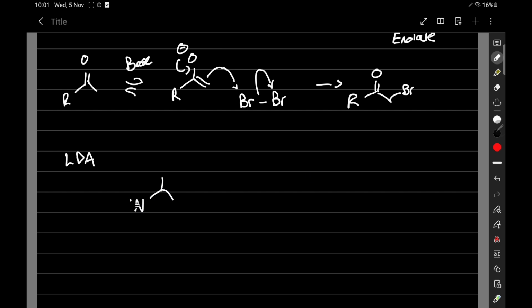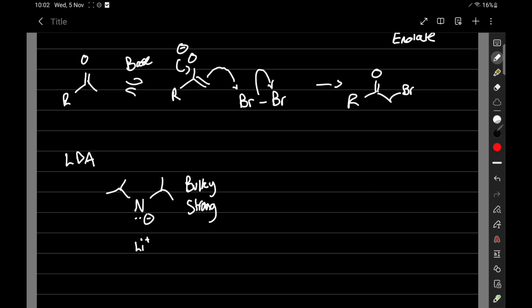So this is lithium diisopropylamide. This base is really useful for lots of different reactions that require a very strong base, but it's also bulky.